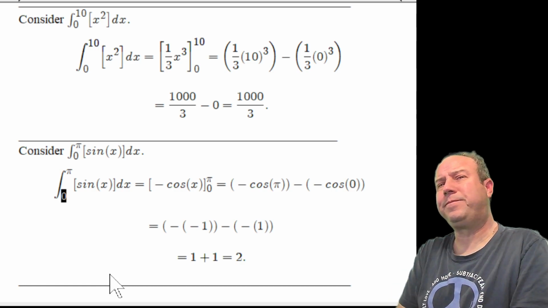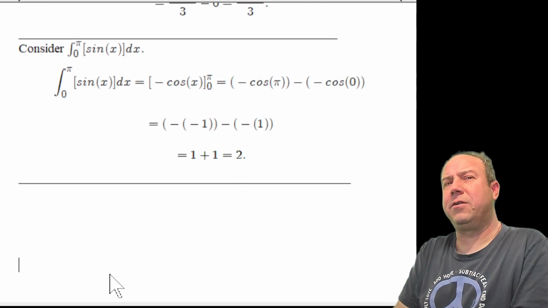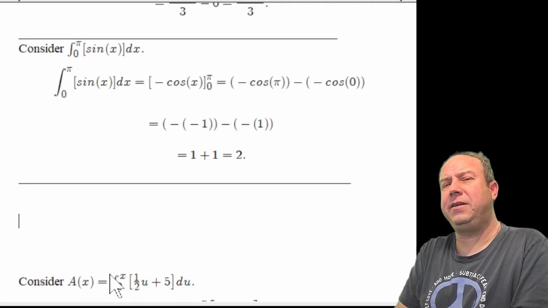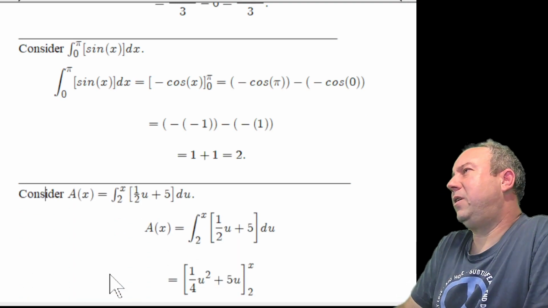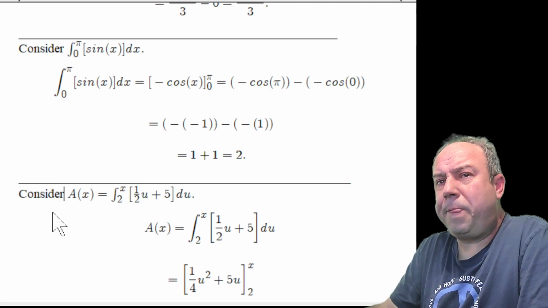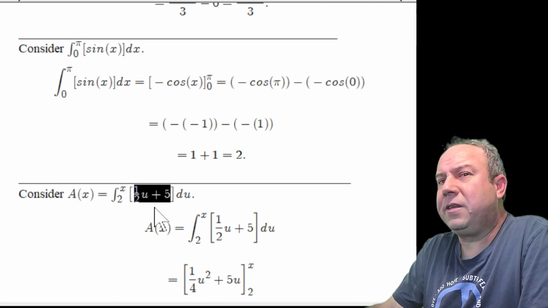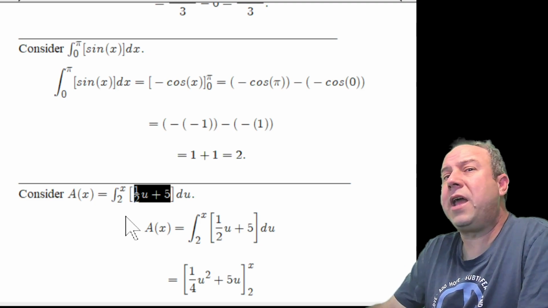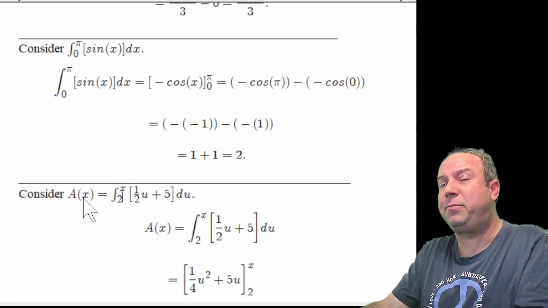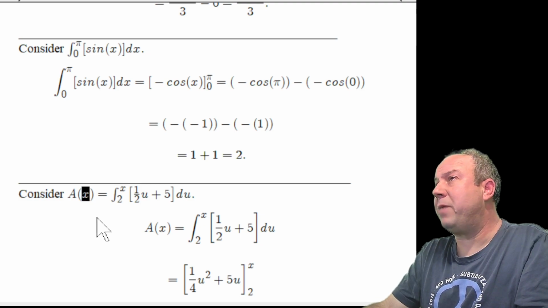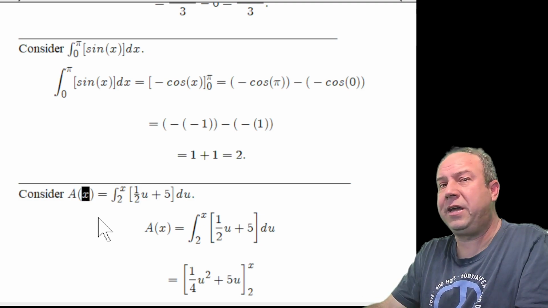Right? Here's another one we did earlier when we were studying the area function. We had defined the area function for the area trapped by the line 1/2 u plus 5, over the interval from 2 to x, x being an arbitrary upper bound, the independent variable in the area function.